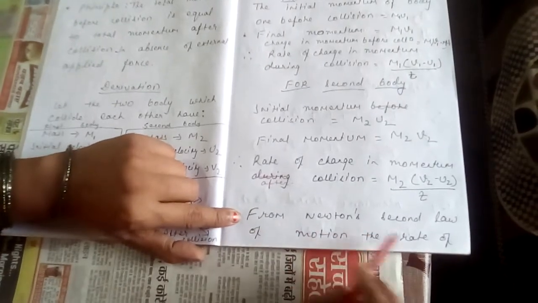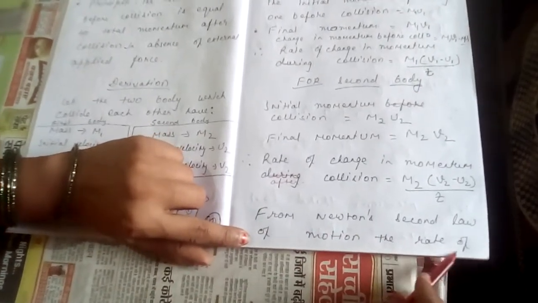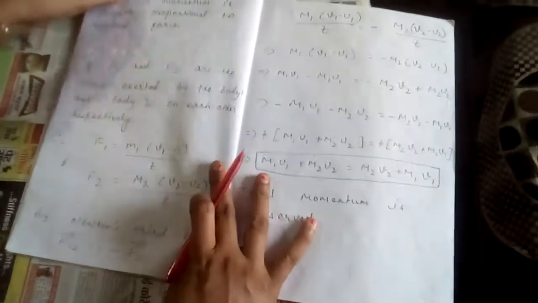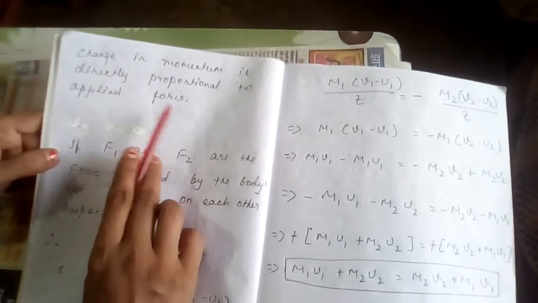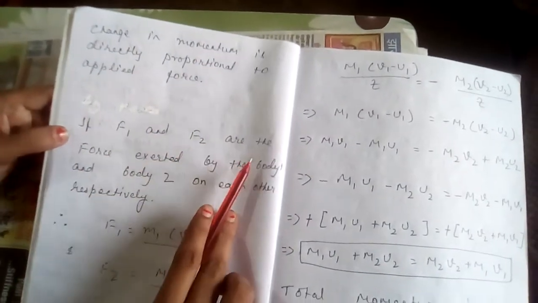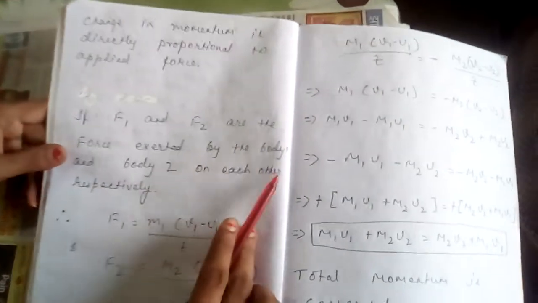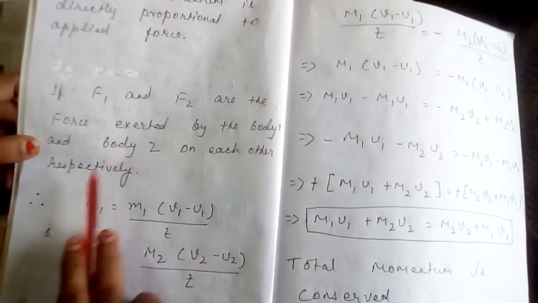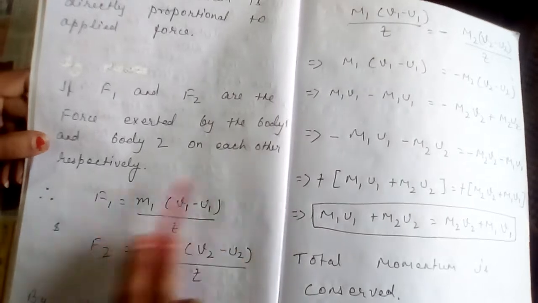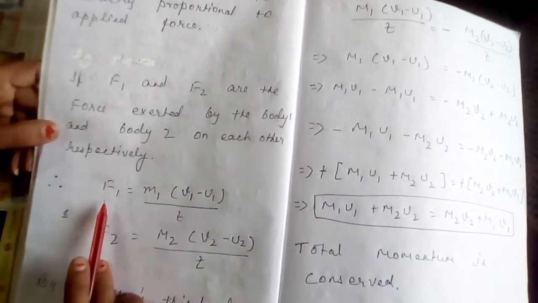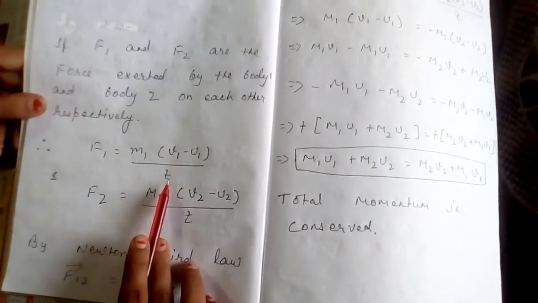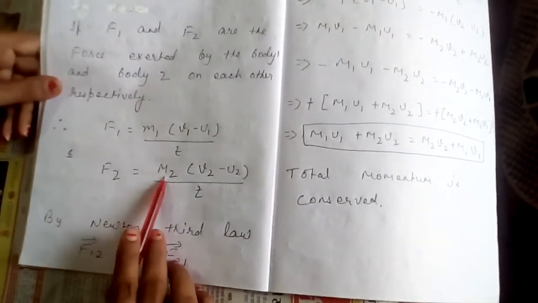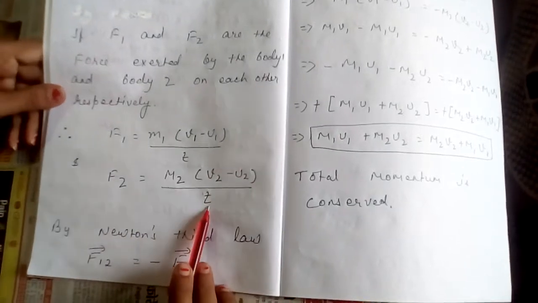Now from Newton's second law of motion we know that the rate of change in momentum is directly proportional to applied force. So let F1 and F2 be the forces exerted by body 1 and body 2 on each other respectively. So F1 is m1 (v1 minus u1) by t and F2 is m2 (v2 minus u2) by t.